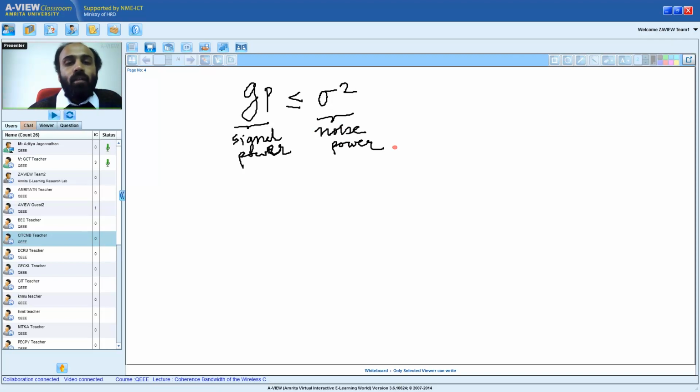If the signal power is less than or equal to the noise floor, then we say the system is in a deep fade. This implies that G is less than or equal to sigma squared by P.